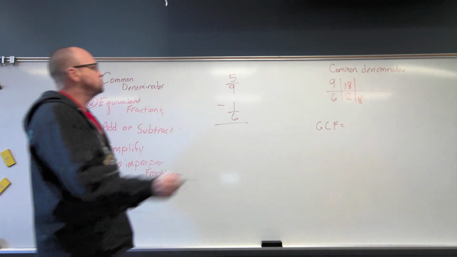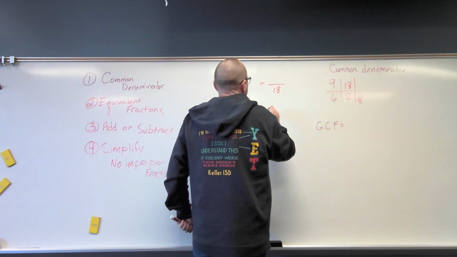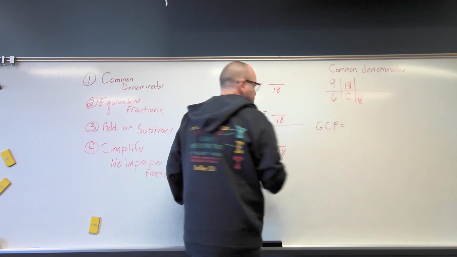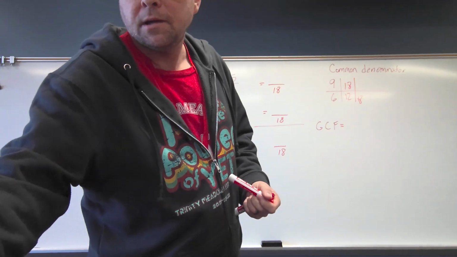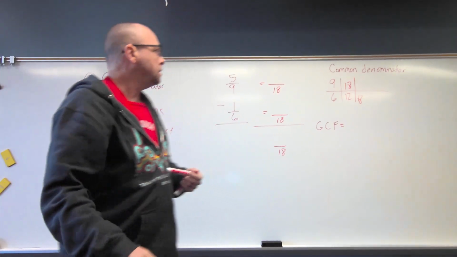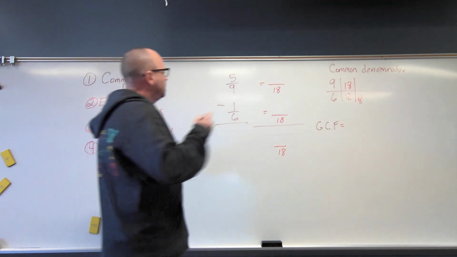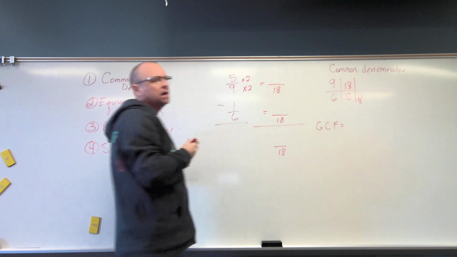So now we need to change both of these so that they have a denominator of 18 without changing the value. And we'll go with Caitlin. What did I multiply by 9 to get 18? 2. If I multiply my denominator by 2, I must also multiply my numerator by 2.